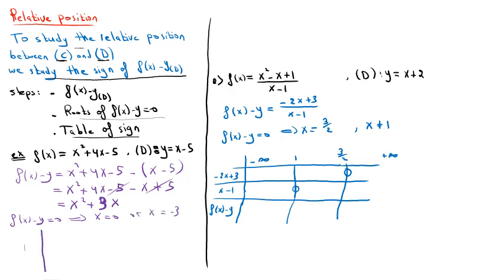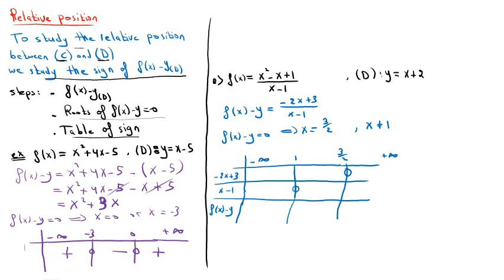Now we make a table of sign: minus infinity, minus 3, 0, plus infinity. Here we have the roots. It is a quadratic. The coefficient of x squared is positive. Same, opposite, same.